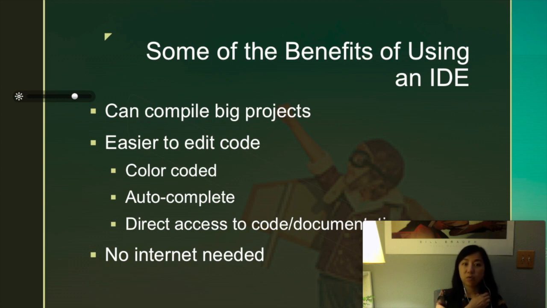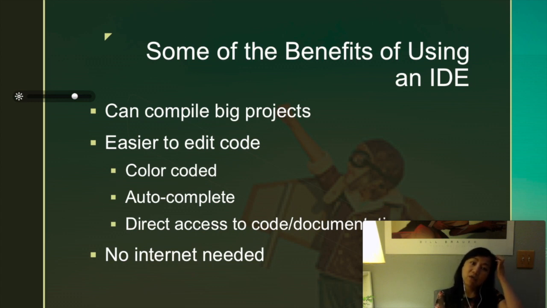If using an IDE, there are a few benefits. It has color code for variables and reserved keywords, and it helps you open and close the curly braces, for example. It also has autocomplete functionality, where if you declared a variable earlier, it will give you suggestions: hey, is this the variable you are trying to use?